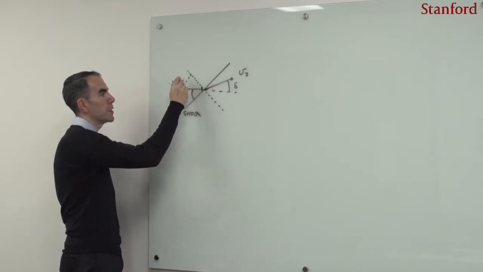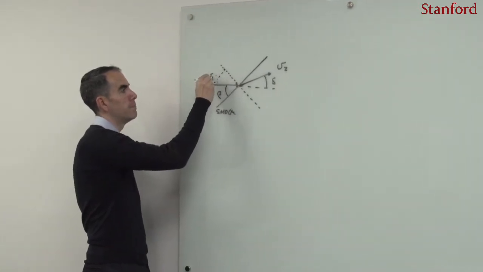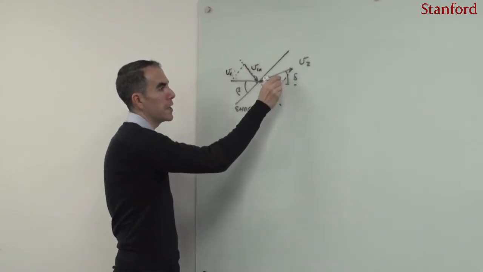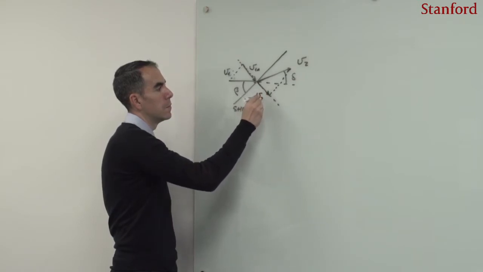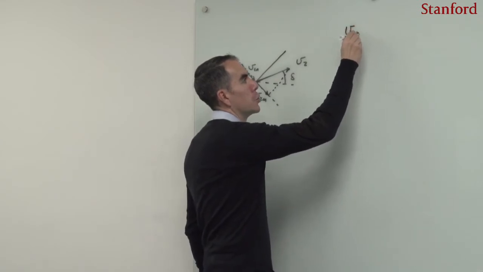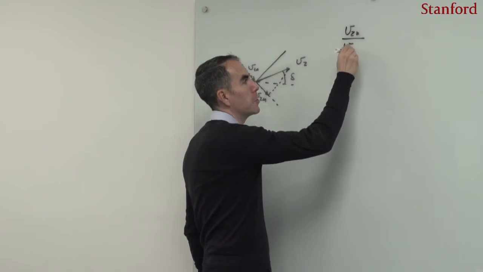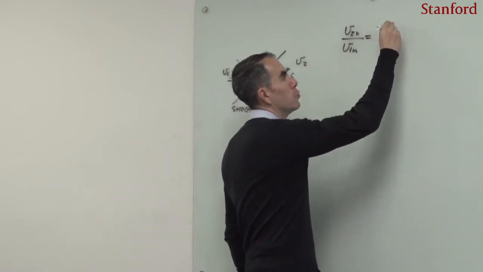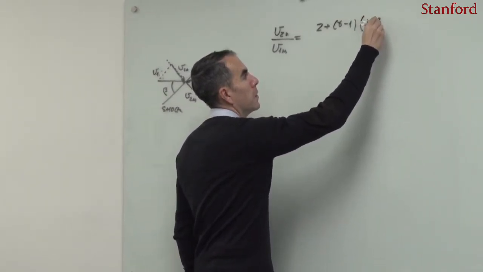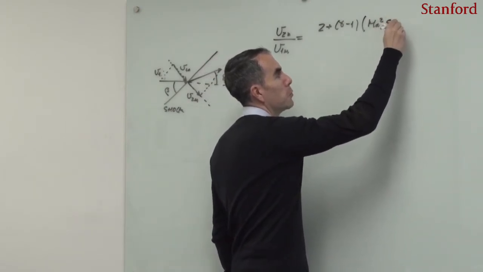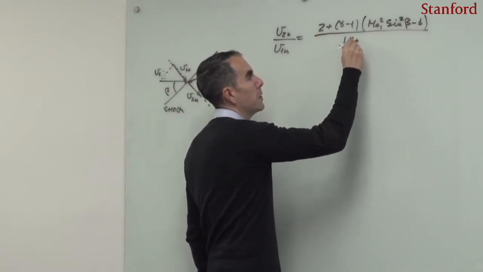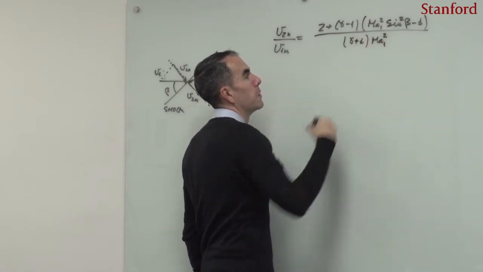If one projects the velocity to the normal here, and here the same, then one can write that the post-shock normal velocity divided by the pre-shock normal velocity is equal to 2 plus gamma minus 1 multiplied by the pre-shock Mach number squared, multiplied by the sine squared of beta, minus 1, and then divided by gamma plus 1 multiplied by the Mach 1 squared.